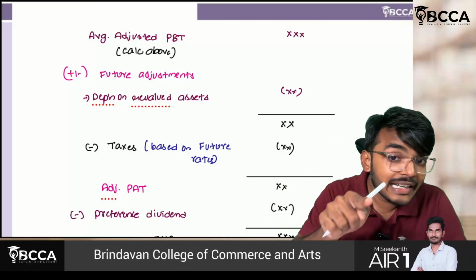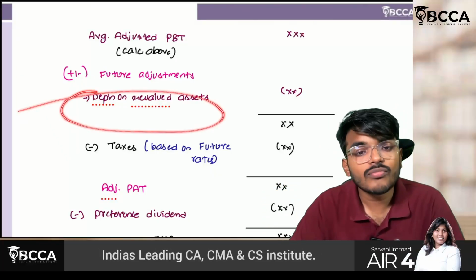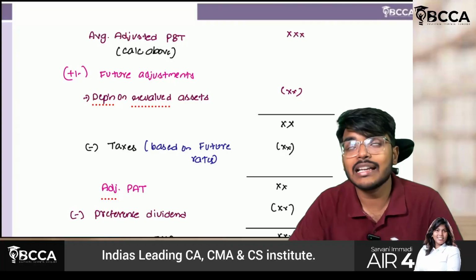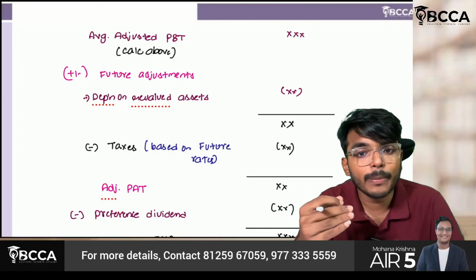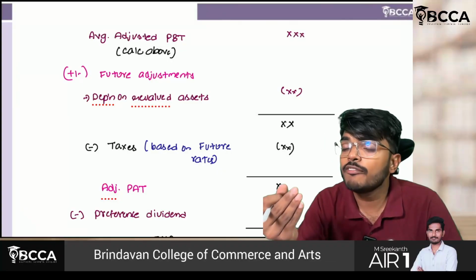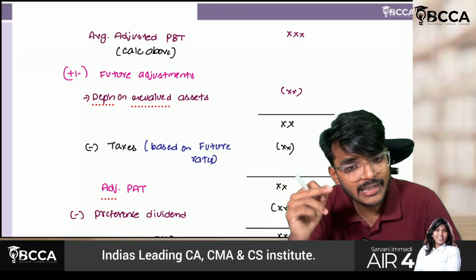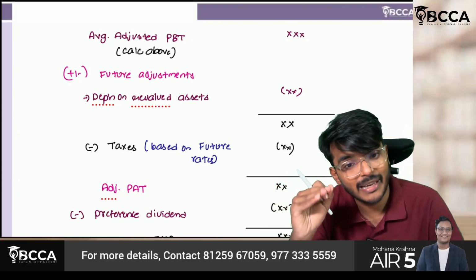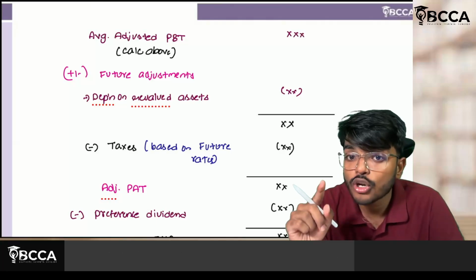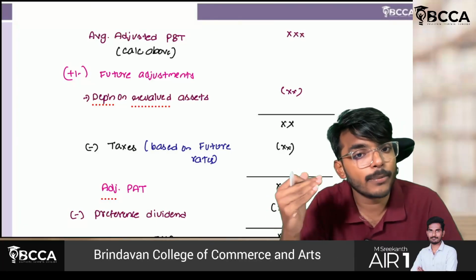So that increased amount should also be adjusted here. Or, in future I may have committed to incur a few expenditures, or a few incomes will come to me. All those future effects of incomes and expenditure will also be adjusted, because after all we are calculating future maintainable profits.